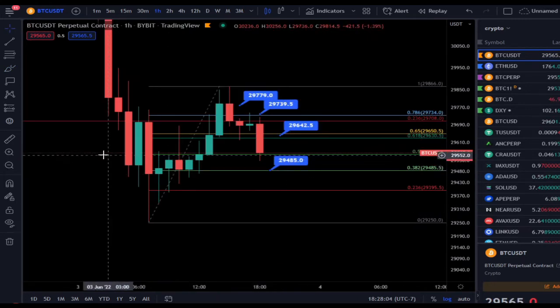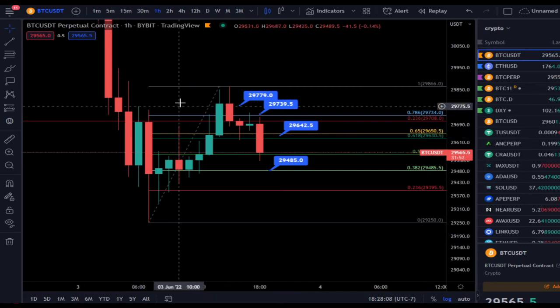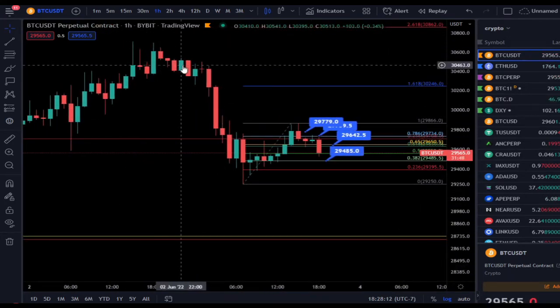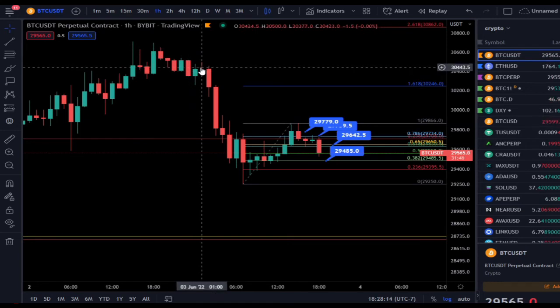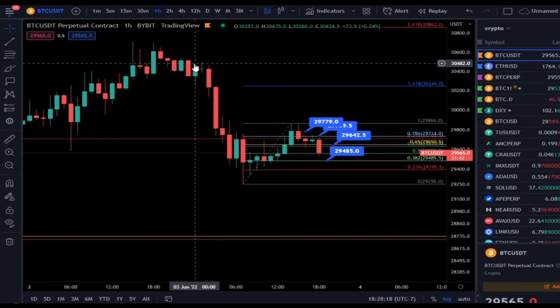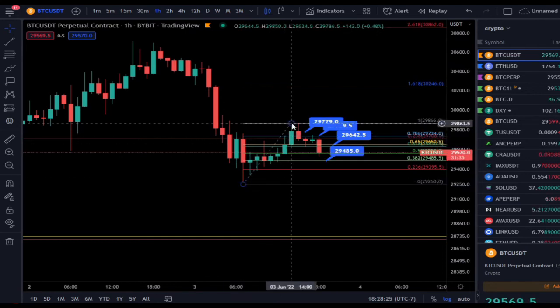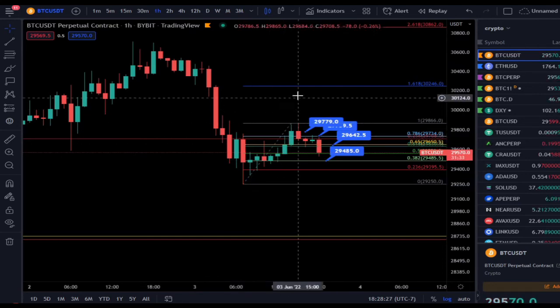Today is June 3rd. Obviously, we've been crashing. The downtrend started up here. So that was at midnight. 30,482. After this pullback, our next daily high, 29,863.